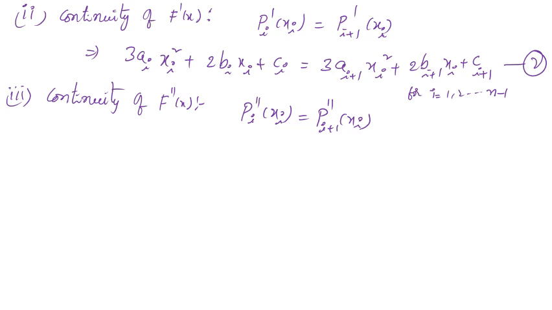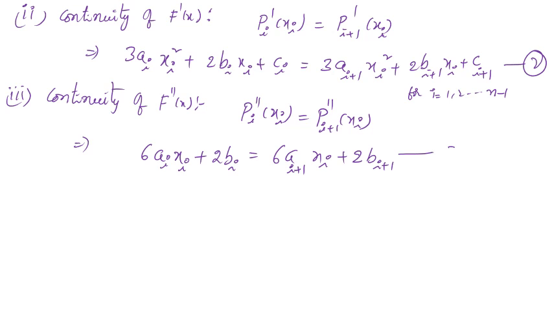So one more derivative of equation 2 gives 6ai xi plus 2bi, isn't it right? 6ai xi plus 2bi equals 6ai plus 1 xi plus 2bi plus 1. This is equation 3. This is also for i equal to 1 to n minus 1, right?